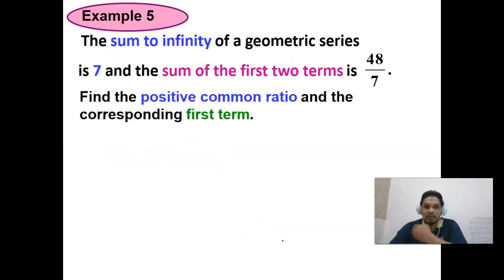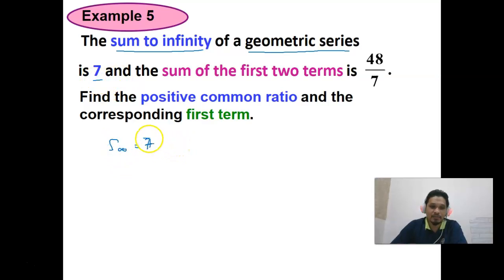The sum to infinity of a geometric series is 7, and the sum of the first two terms is 48 over 7. Find the positive common ratio and the corresponding first term. With the information given, the sum to infinity is 7, so S infinity equals 7.